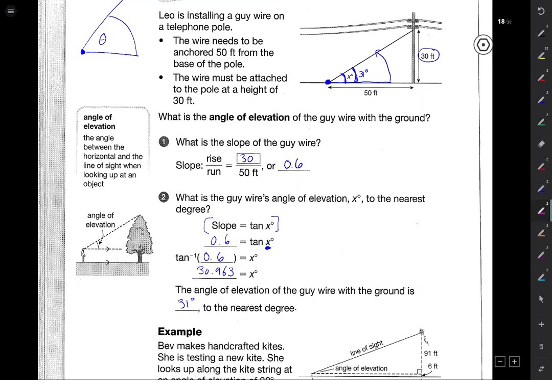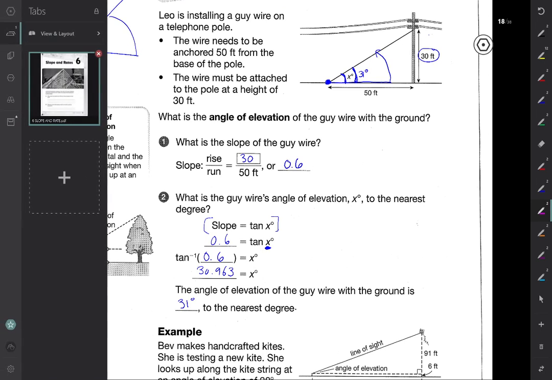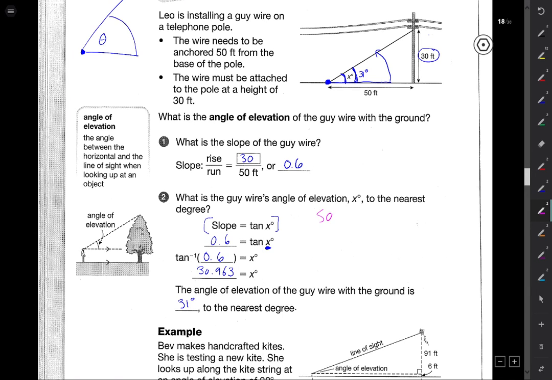Now, I just want you to think back to trigonometry last year for a second. You probably learned SOHCAHTOA at some point. If we look at just the TOA part of SOHCAHTOA, that is tan is equal to opposite over adjacent. If we're dealing with this angle right over here, the opposite side to that angle is 30, and the adjacent side is 50.